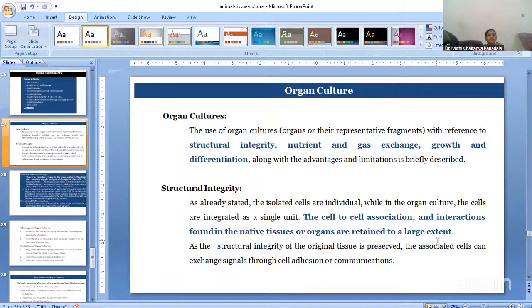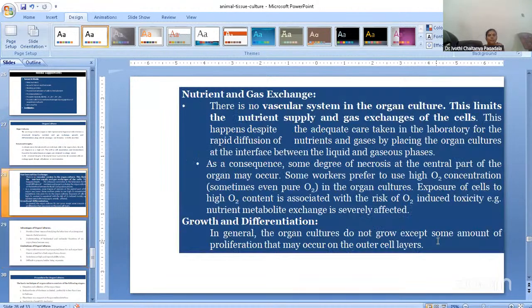And here the nutrient and gas exchange. There is no vascular system in the organ culture. This limits the nutrient supply and gas exchange of the cells.